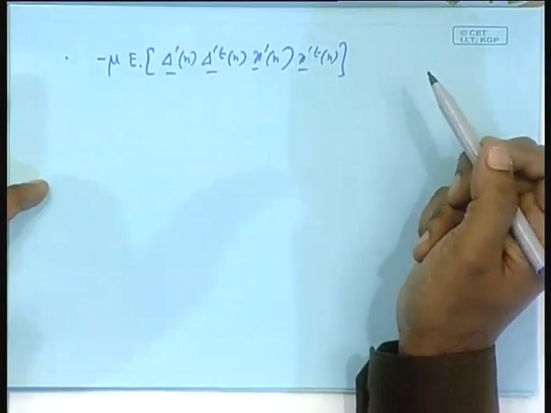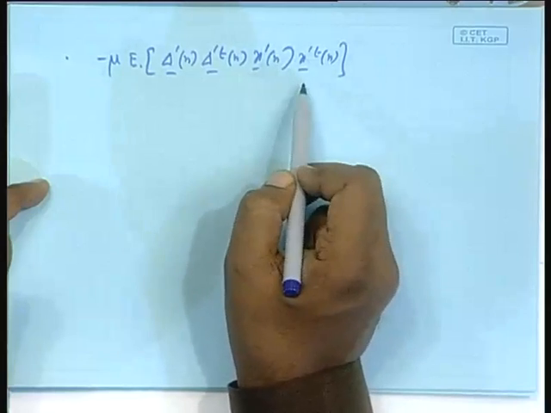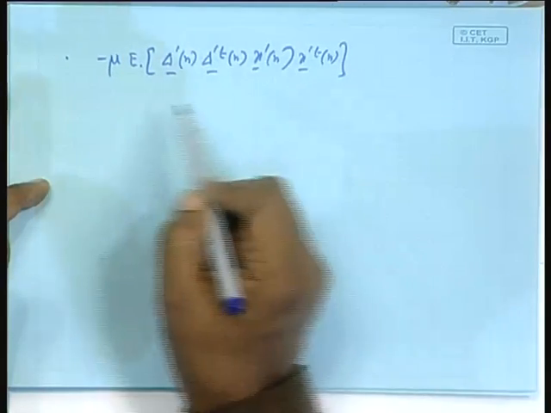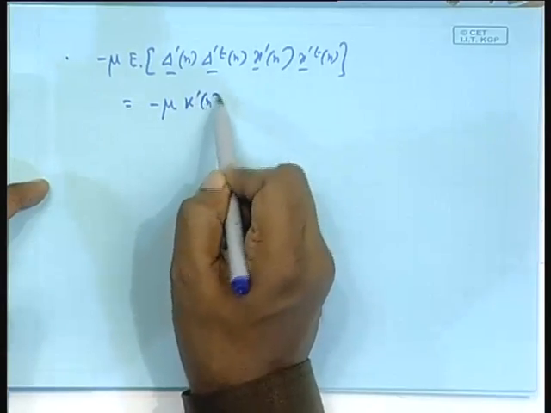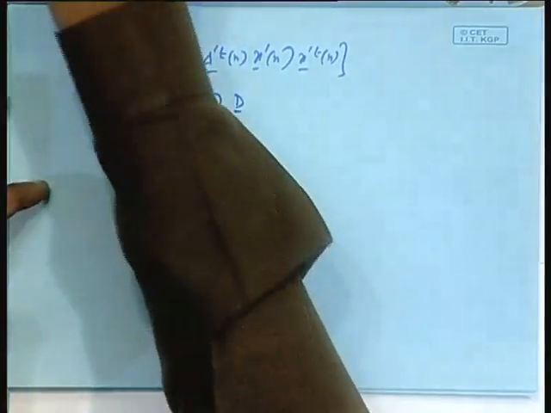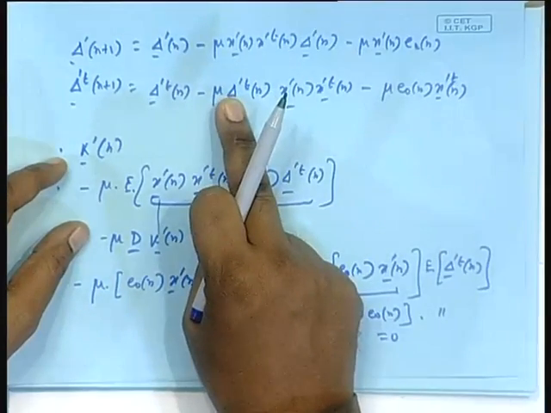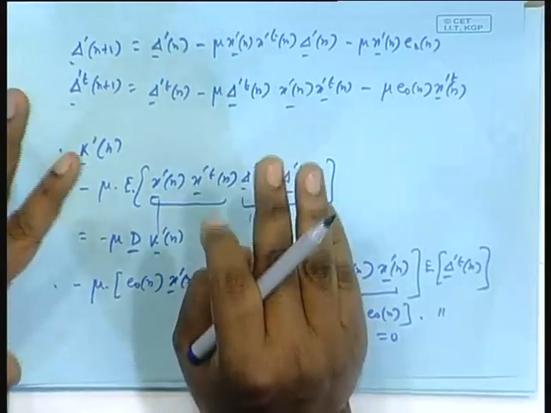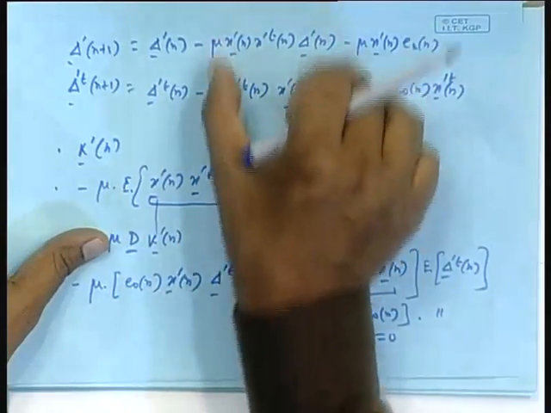Obviously, you can work on this part, and on this part. This part will give you a diagonal matrix, this will give you K prime(n). So this is minus mu K prime(n) diagonal D. So far so good. This term is a huge term, the biggest, and we have to do it separately. It needs special treatment.